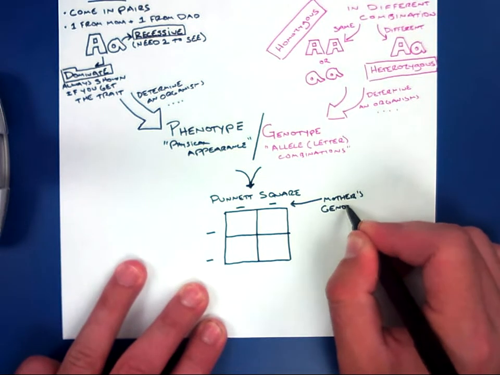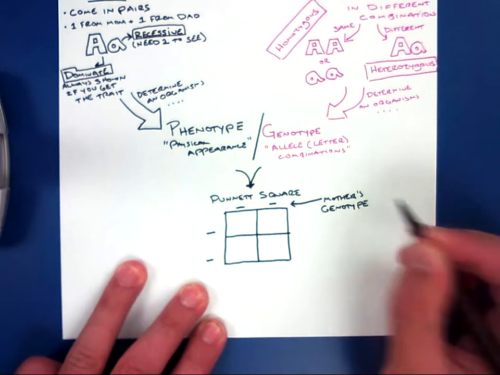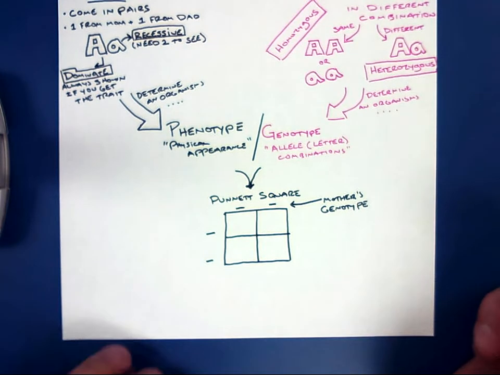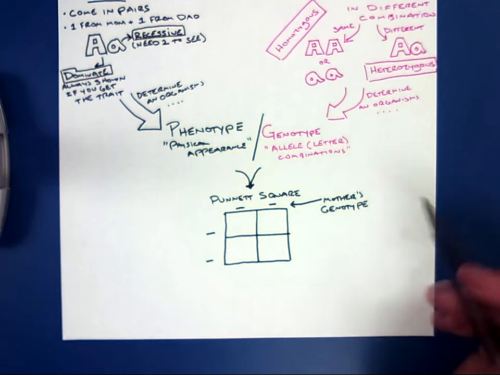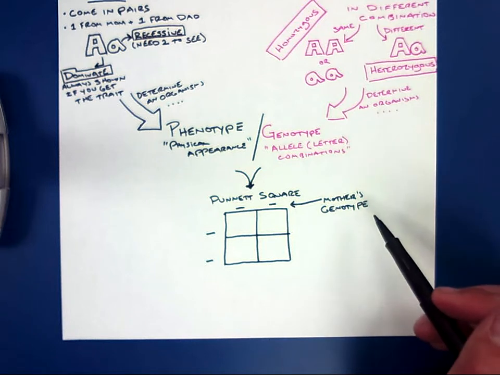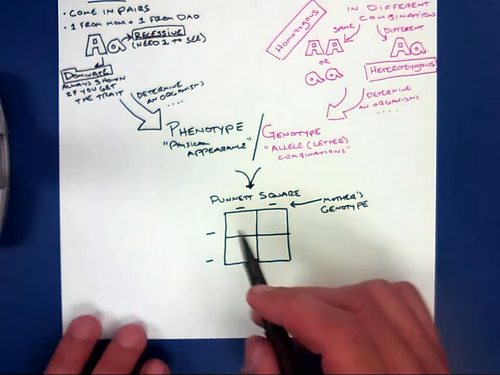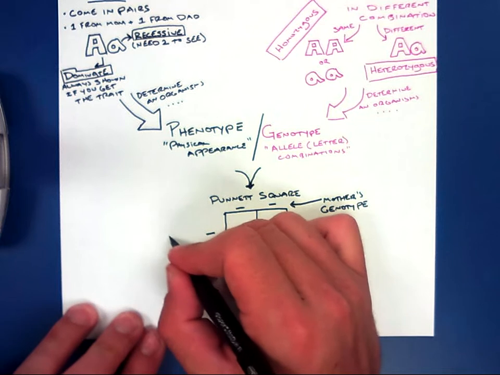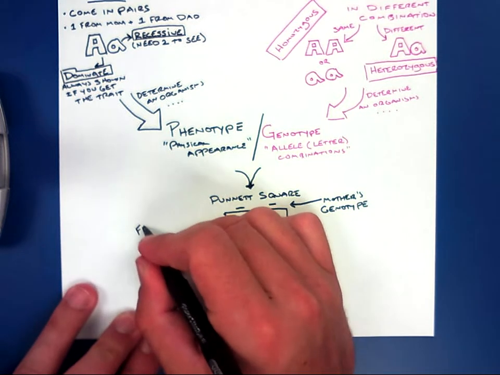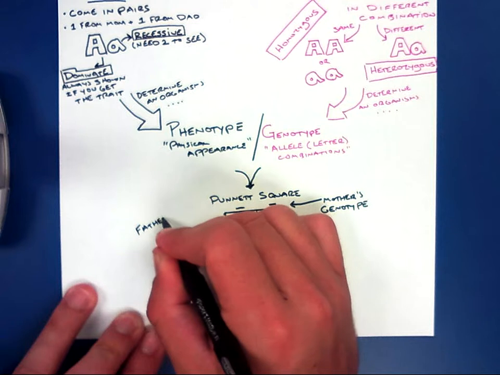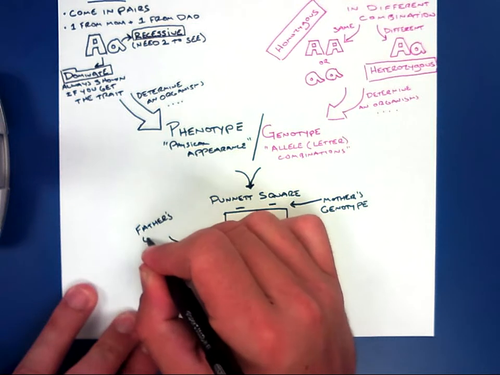Go to the back if you run out of room, or the next page. We don't have to have the mothers there. That's not like a rule in science, but to make it easy, you always know how to do it. You just put the mother's genotype on top for us for test questions and things. And then on the side, we need to use the other parent, so we're going to put the father's genotype here.